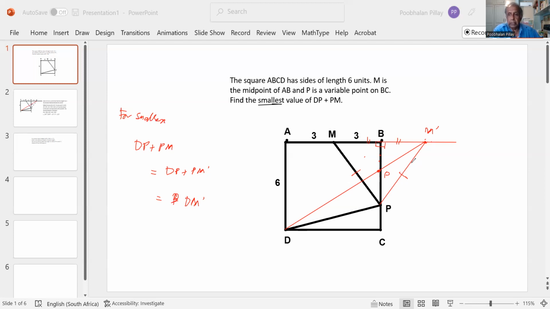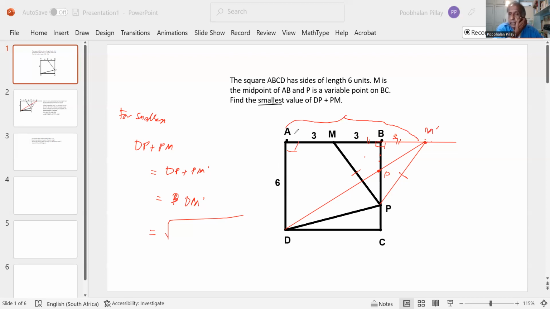dm prime is actually the hypotenuse of a right angle triangle. Because we chose this point here, M prime, in such a way that these two are equal, this will still be 3. By Pythagoras' theorem, this triangle here, DAM prime, is a right angle triangle.